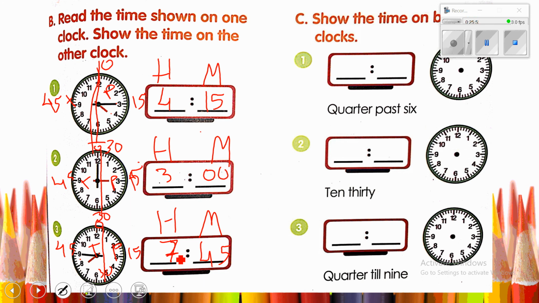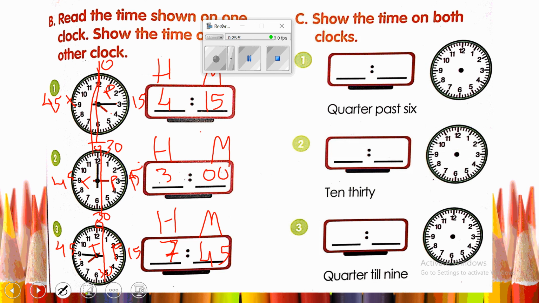Now here, quarter past 6. Let's remember how we write quarter past. Here is P, here is T. Quarter past, yes, on 3. And 6 here. How many minutes for 3?